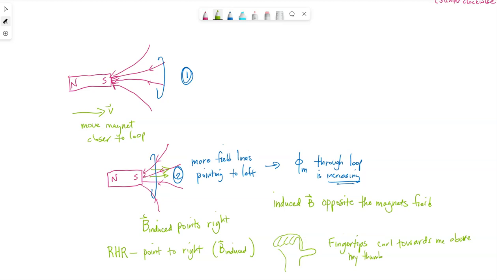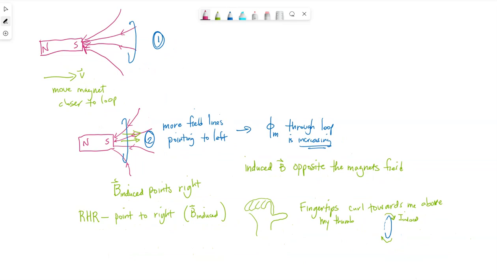That means in my loop, this induced current is coming up at me above my thumb, which means it would also go the opposite direction on the bottom. So if we looked from the left, in this case, so if we were standing over here looking at this loop, we would see the induced current flowing clockwise in this case.